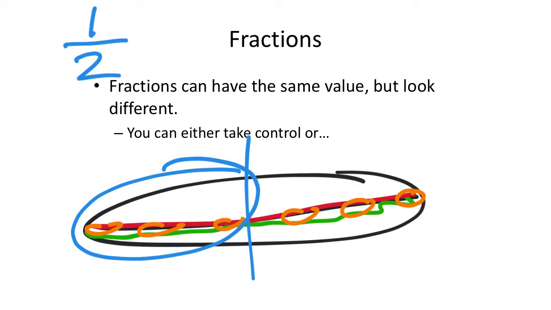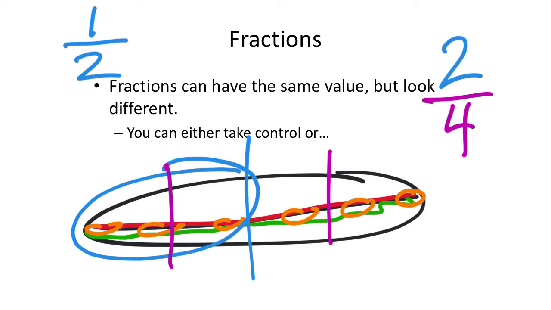But let's say that we went further, and I cut this sandwich into smaller pieces like this, okay? Well, now it's 4 pieces total, and how many pieces did you get? You got 2 pieces out of 4. So when we say that fractions have the same value but look different, just think about it like this.